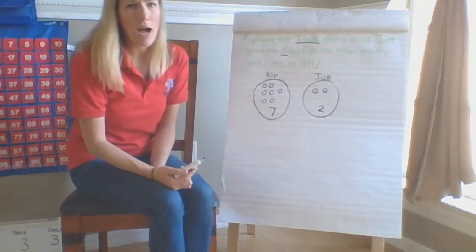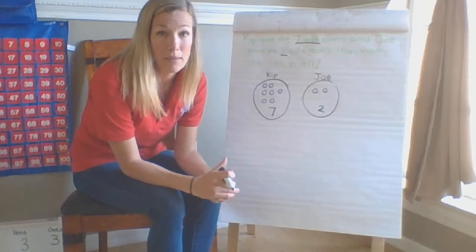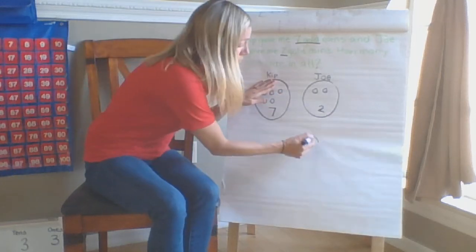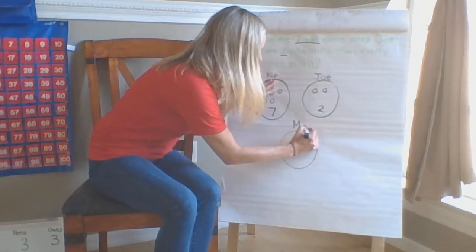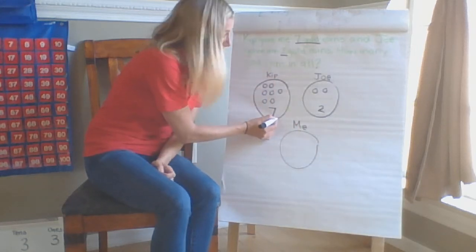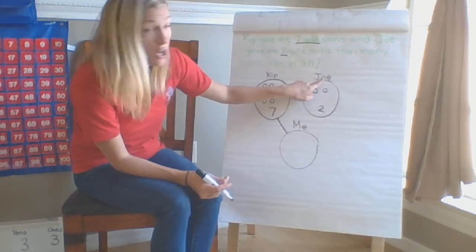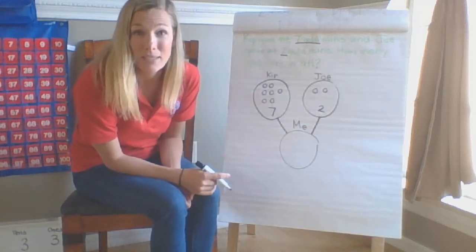Now, I'm starting to see a part whole happening in this story because Kip is going to give them to me. So I think these 7 coins are going to go into my pot, and Joe's 2 coins are going to go into my pot.